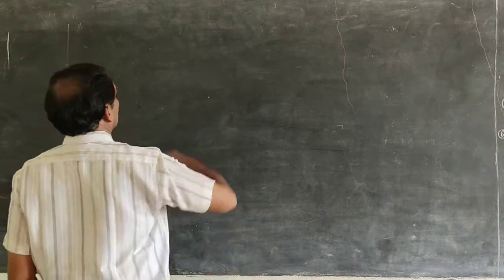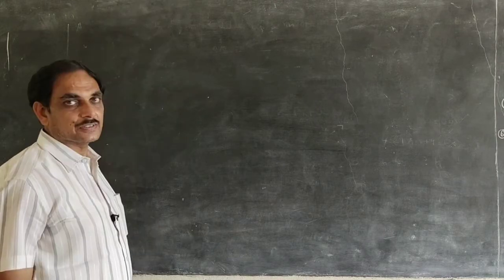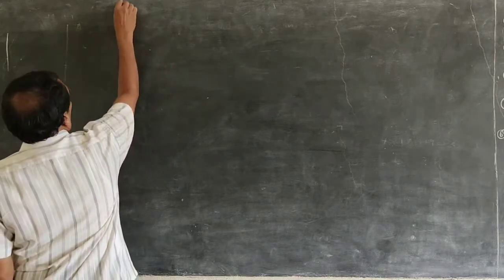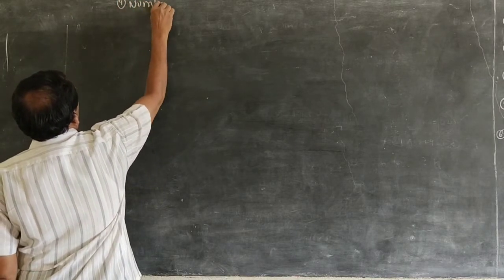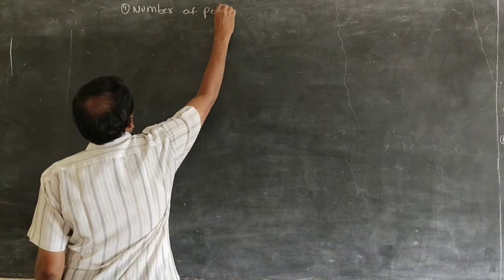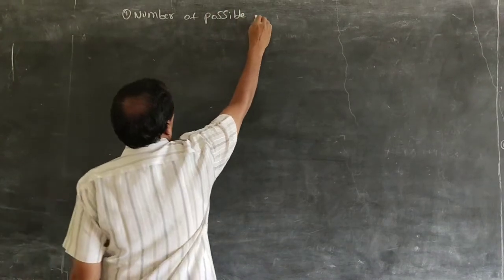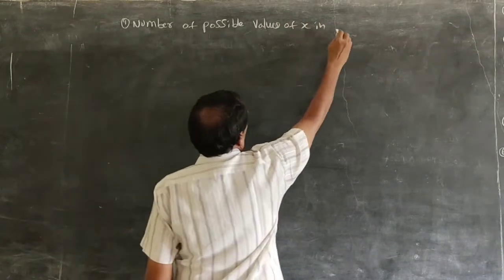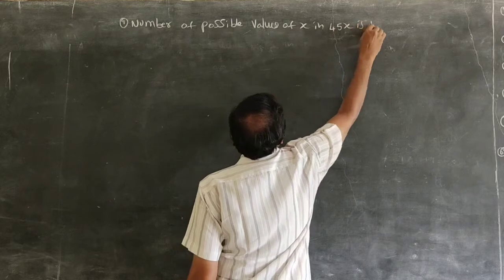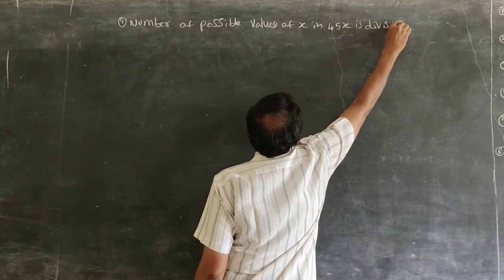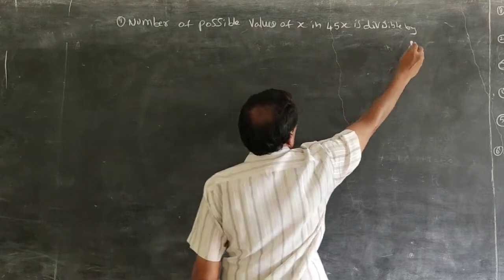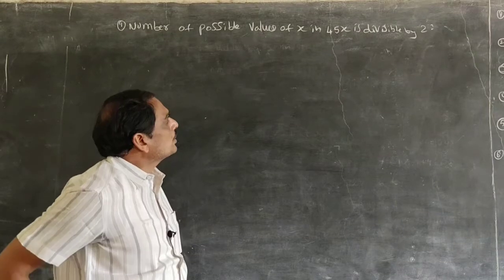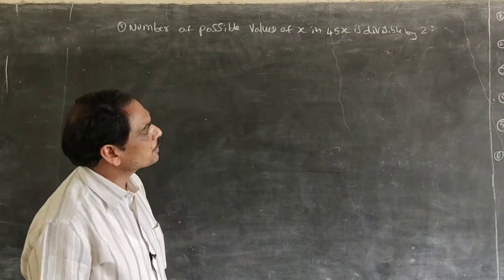First problem is: number of possible values of x in 45x is divisible by 2. This is the first problem. In this, number of possible values of x in 45x is divisible by 2.